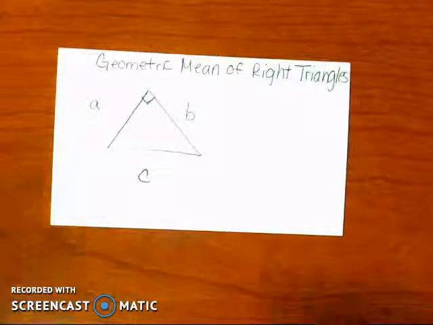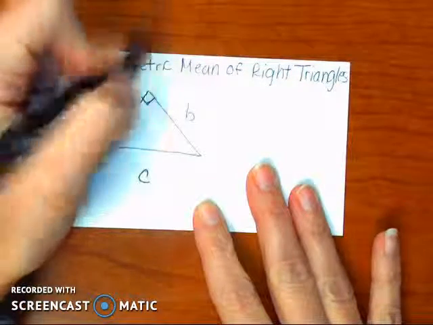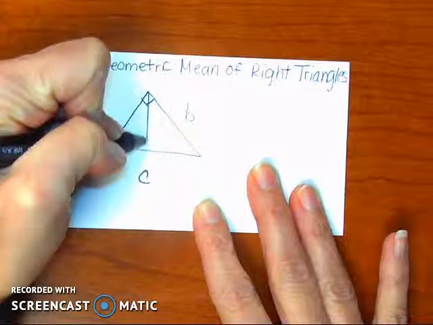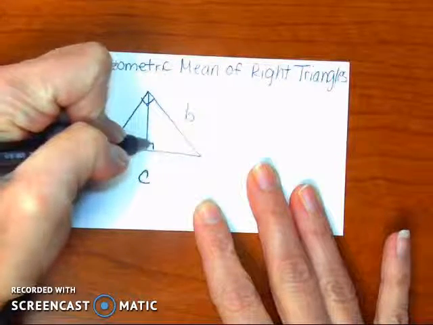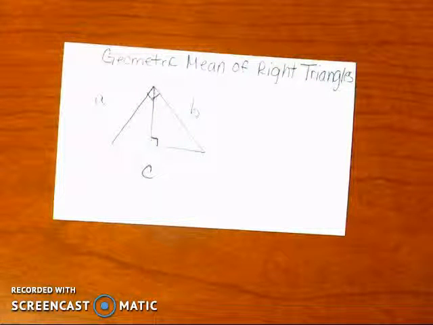Okay, now I'm going to draw an altitude, and if you'll remember, an altitude is a perpendicular line from the vertex perpendicular to the sides. So here's another line. That splits my big triangle into a smaller triangle and a medium-sized triangle.